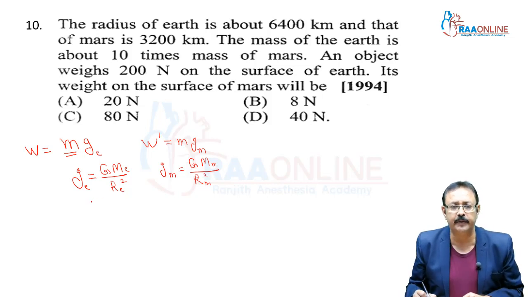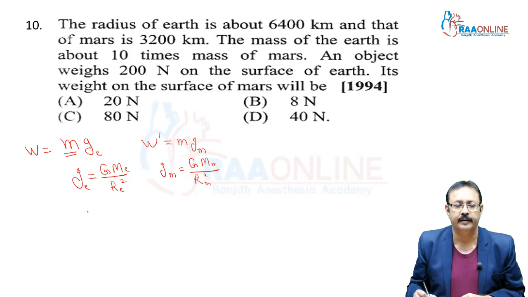So what is the ratio between these two? gm upon ge is equal to, G will be cancelled out, Mm upon Rm square into Re square upon Me.